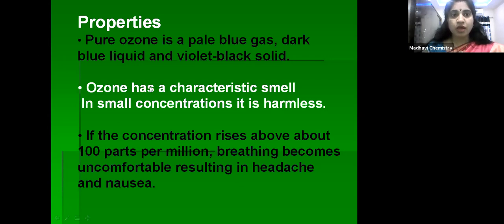So ozone is a pale blue gas, dark blue liquid, and violet black solid, with a characteristic smell. At small concentration it is harmless, but if the concentration rises to 100 parts per million, breathing becomes uncomfortable and headache and nausea occur, right, children?